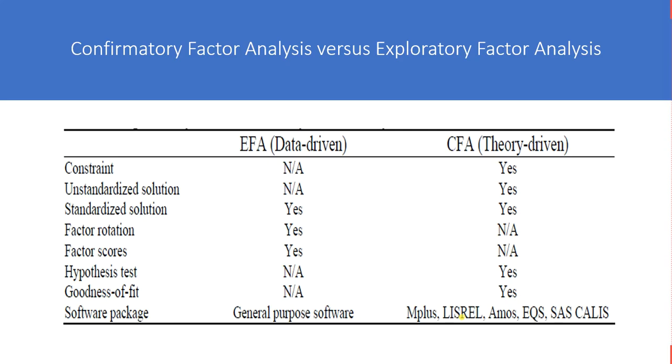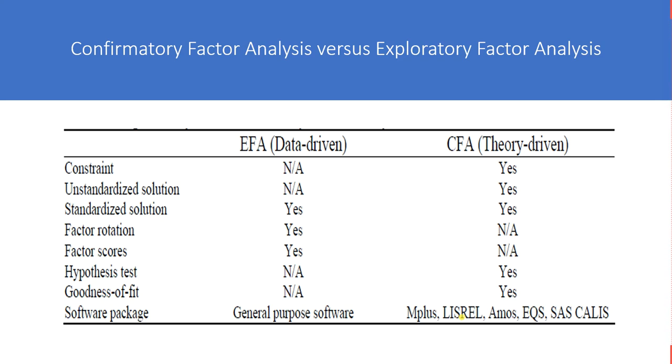Let us have some quick comparison on other things. I will explain constraints when I will be explaining the procedural steps, but we do not constrain any of the paths, any of the link or relationship in exploratory factor analysis. But in confirmatory factor analysis, these constraints are imposed.